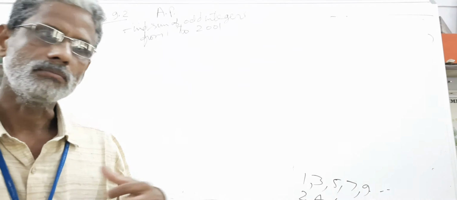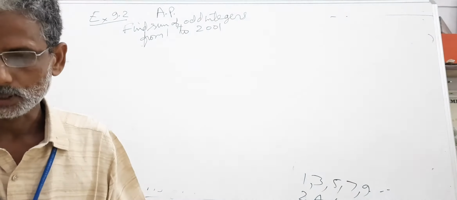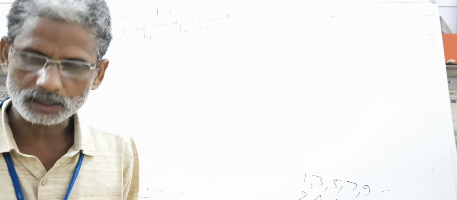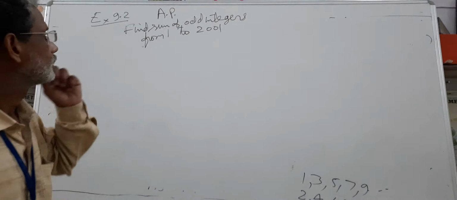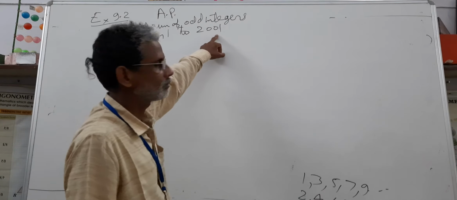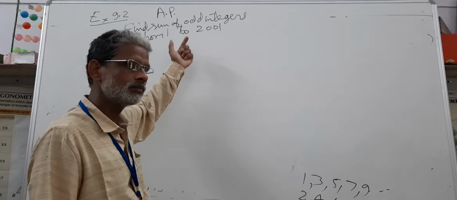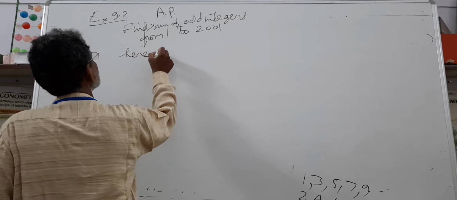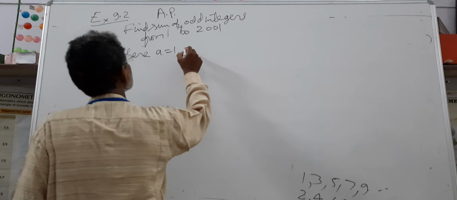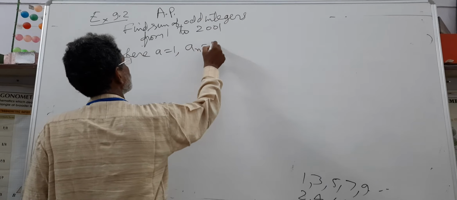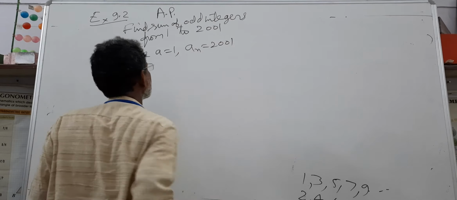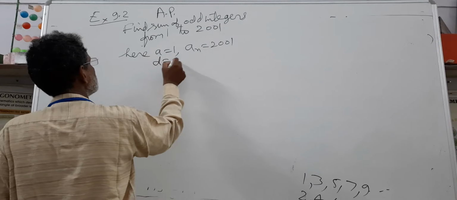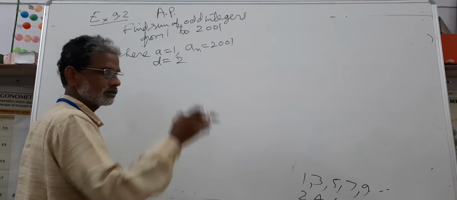Between means boundary cannot be taken. But here in question 1, it is given from 1 to 2001. Here 1 and 2001 also will be taken. Here A is equal to 1, an is equal to 2001, D is equal to 2 because integers are odd.